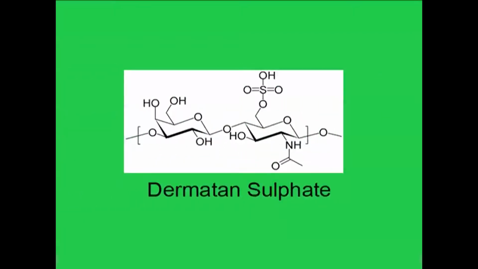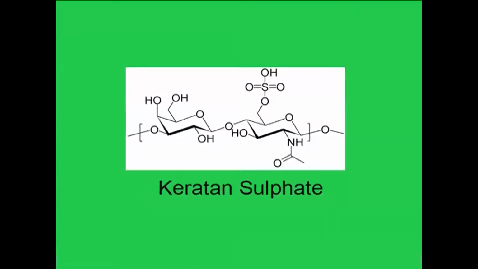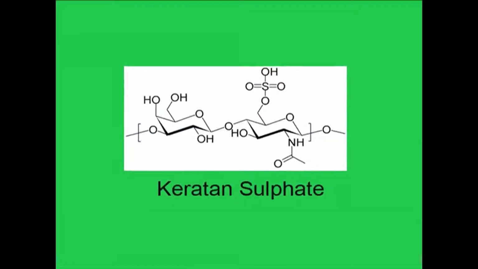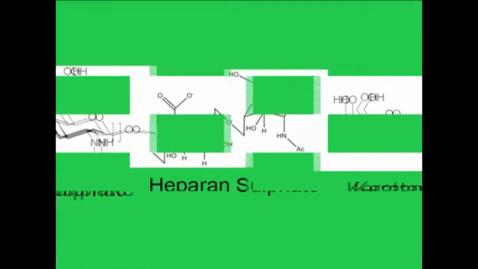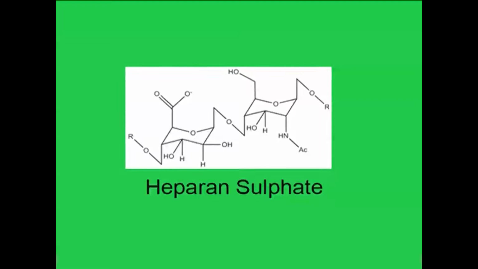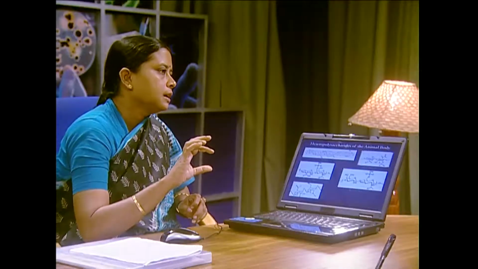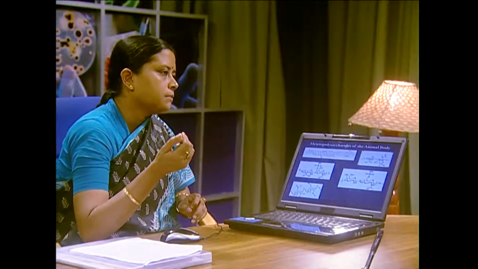As the name suggests, dermatan sulfate is found in skin, chondroitin sulfate is found in cartilage, keratan sulfate is also found in cartilage, cornea and bones, and heparan sulfate is the most ubiquitous of all these heteropolysaccharides. They are found on the epithelial cellular lining and also in the brain.